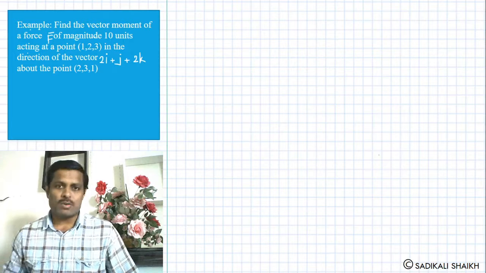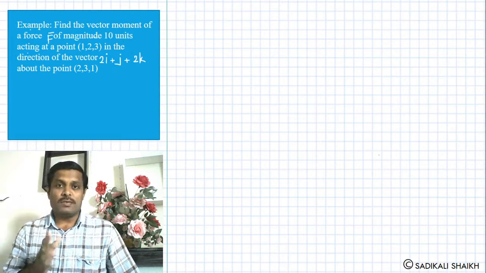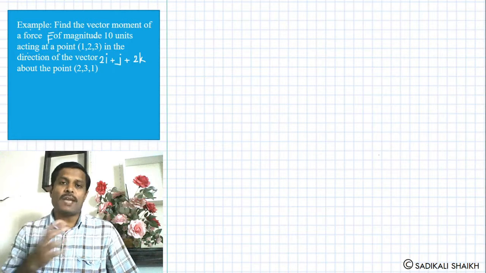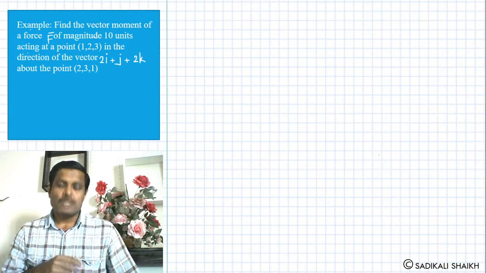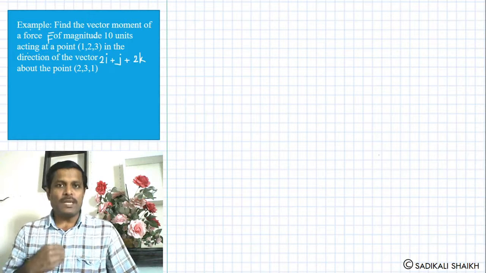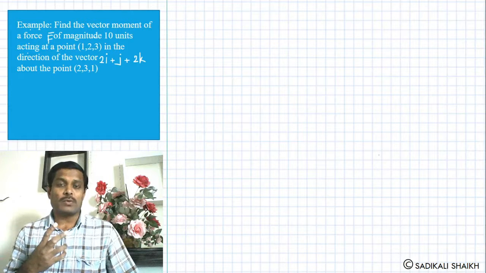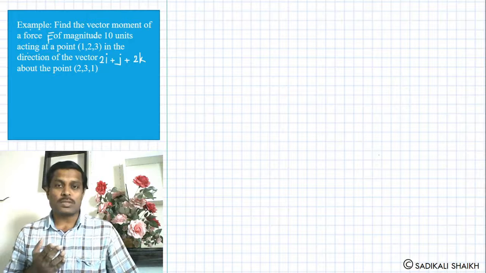See, force is a vector quantity, and for a vector quantity we need magnitude as well as direction. So if we want to construct a force, we need two parts: one is the magnitude, which is given as 10 units, and another is the direction.